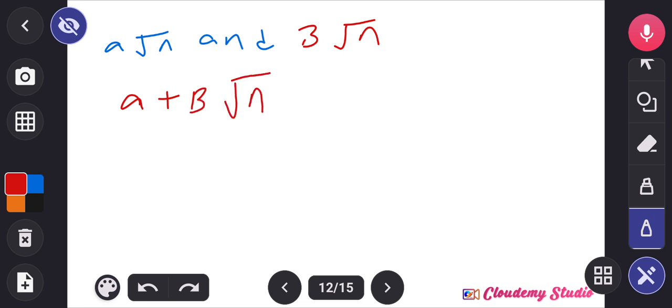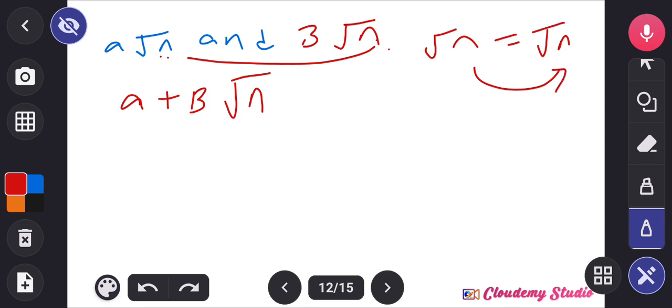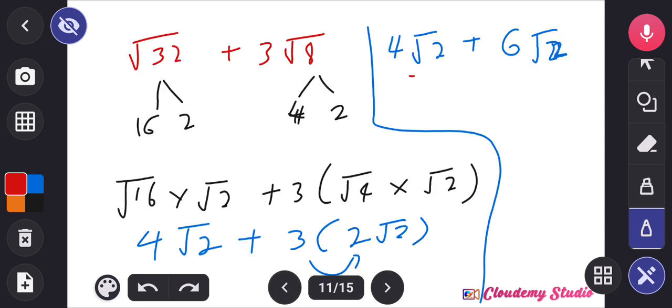Please, you have to note that. This n will remain unchanged as long as these two n are the same. But if they do not have the same basic form, then you cannot add them together.